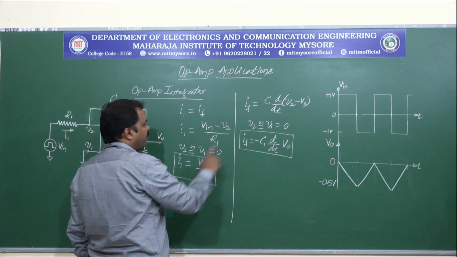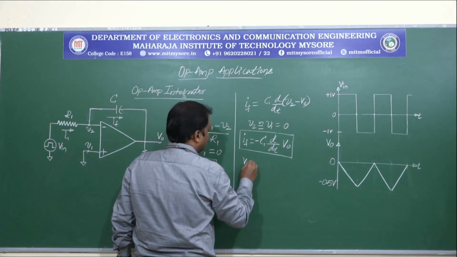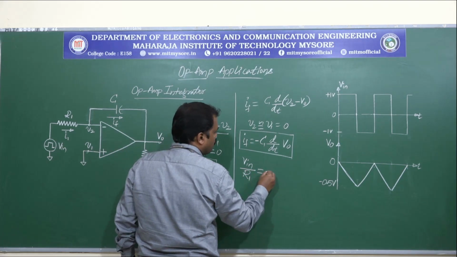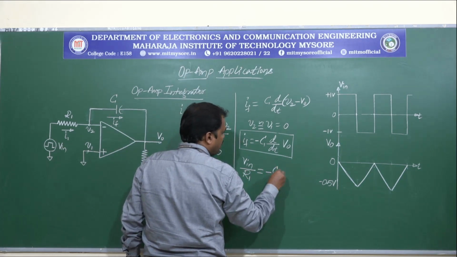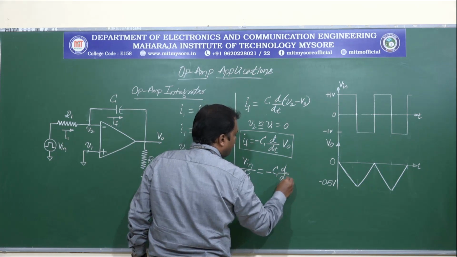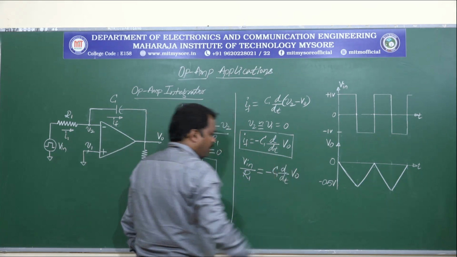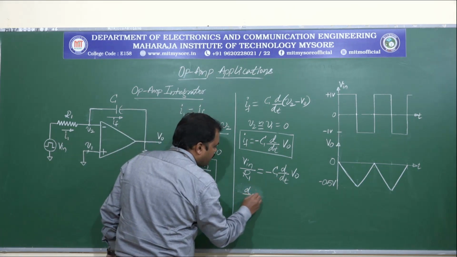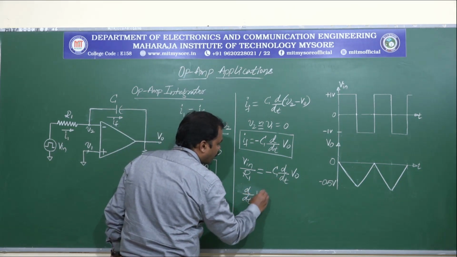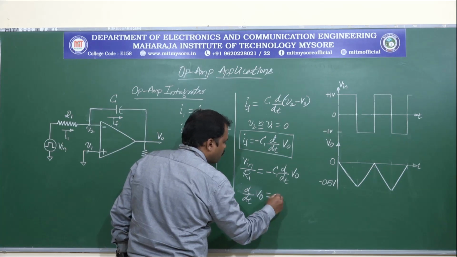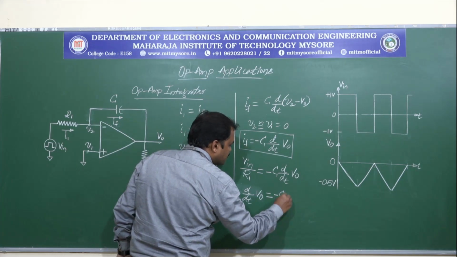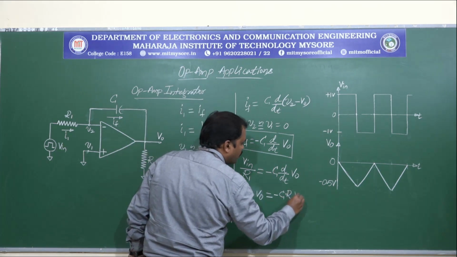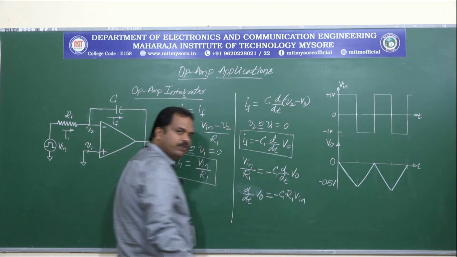Now let us equate I1 and IF. So Vin by R1 is equal to minus C into d by dt of V0. So d by dt of V0 is equal to minus 1 by C R1 into Vin.